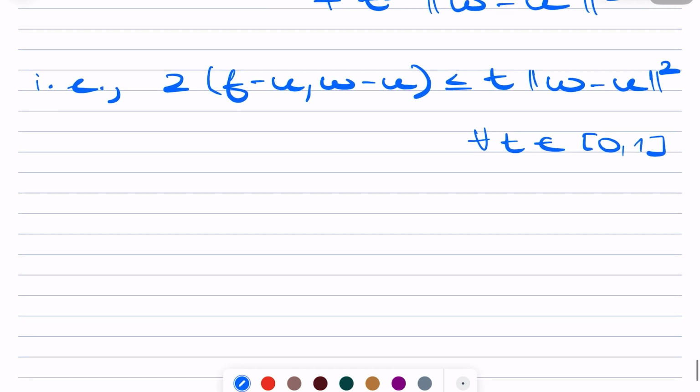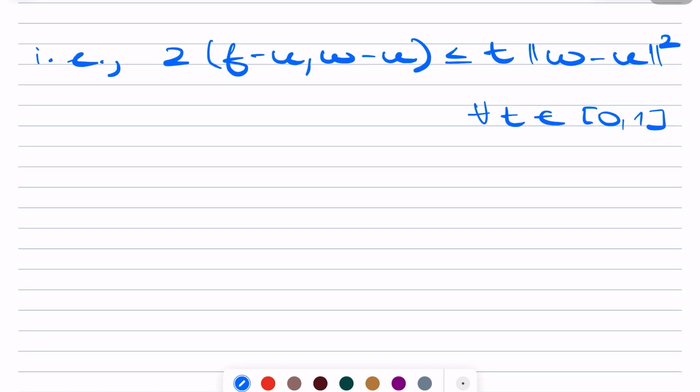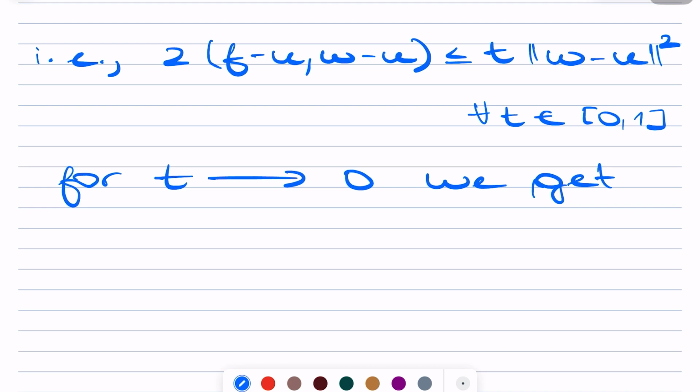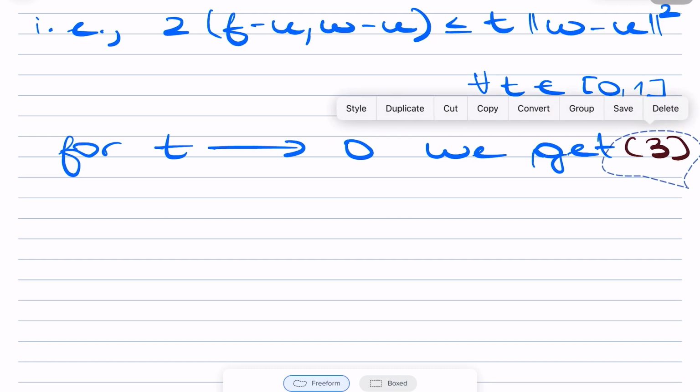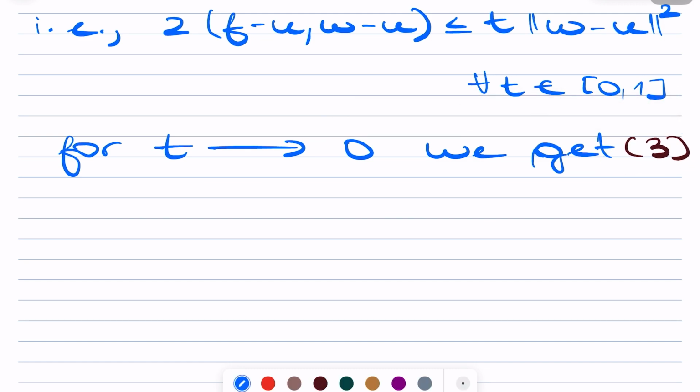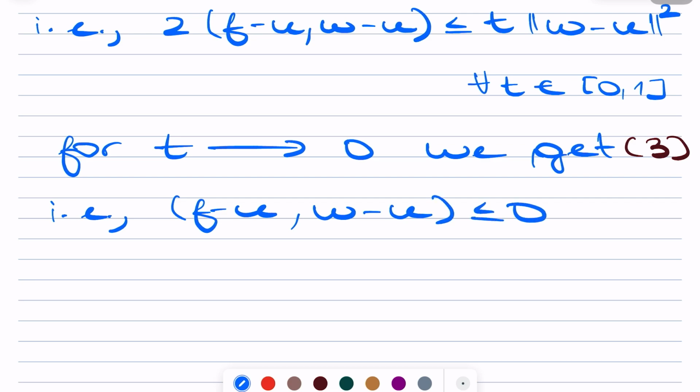So if you make t go to 0, if you make t arbitrarily small, we get 3, of course. And maybe this 3 can fit here. Good. Right, so this means that the scalar product of f minus u, w minus u, is less or equal than 0 for every w in K. Okay, good.